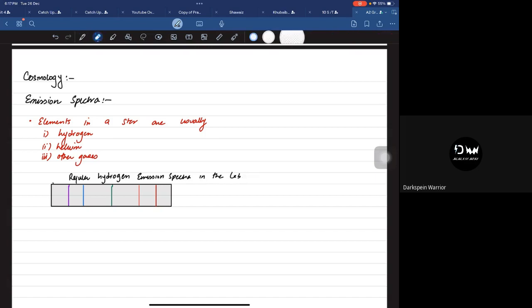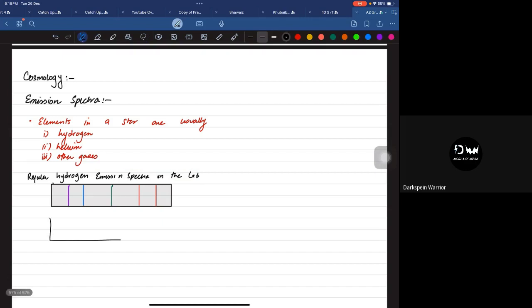Now, when we look at any star, we see that the hydrogen spectra seems a bit shifted. So this line would be somewhere here, like this. It would be less blue, less green, more orange, and more red.